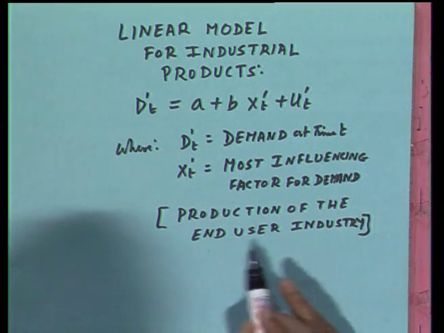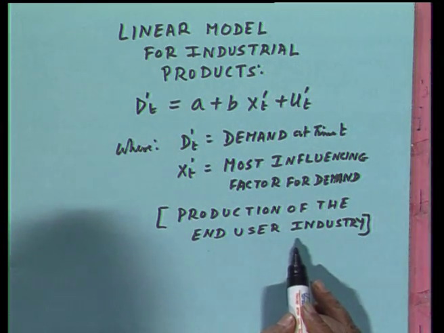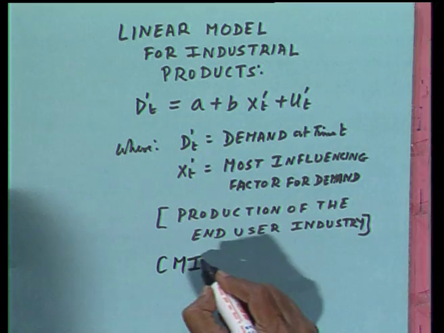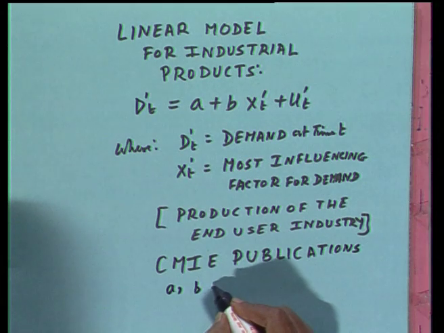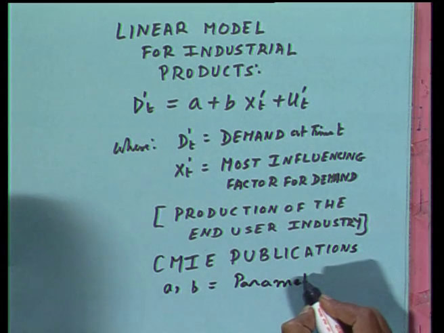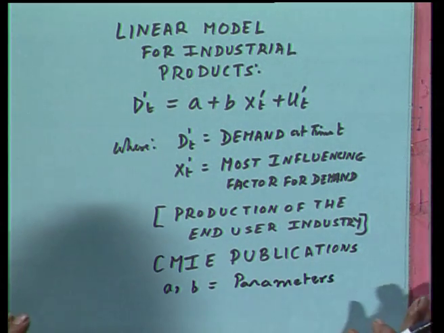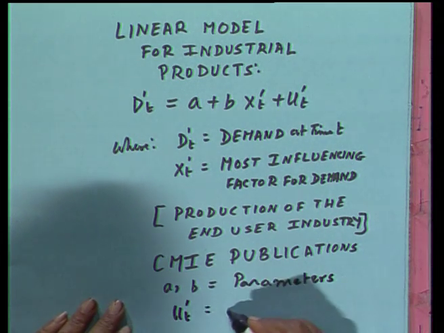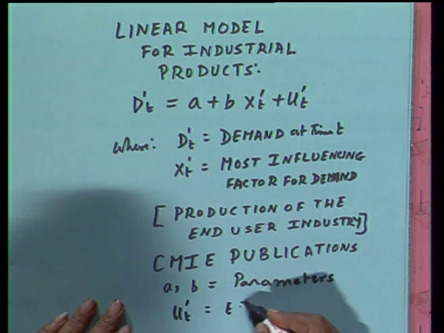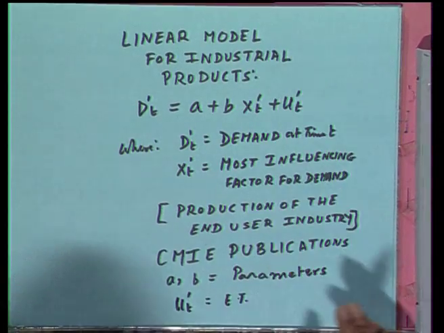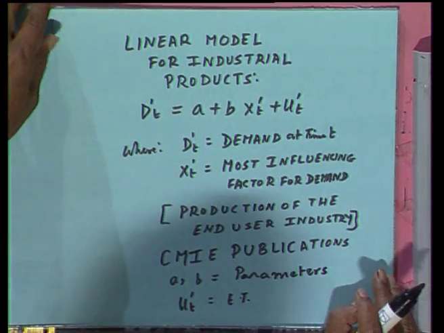The production of the end user industry can be obtained by taking the CMIE publications. Now again as before, A and B are the parameters, and ut prime is the error term, which takes care of all the factors which have not been taken care of in xt prime, as in the case of consumer product.